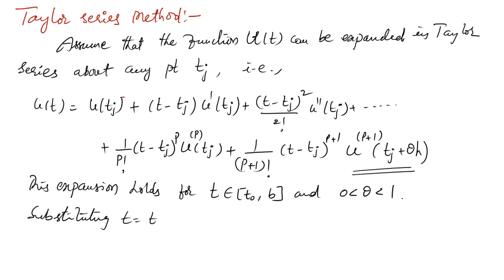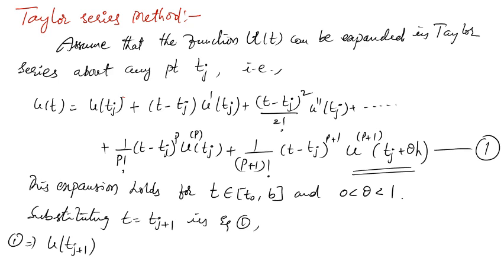t equal to tj+1 in equation 1, let us take this as equation 1. Substituting t equal to tj+1 in equation 1, we get u of tj+1 equal to u of tj plus (tj+1 minus tj), that is h, where h equals tj+1 minus tj.